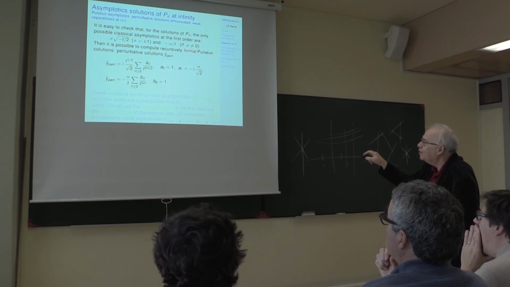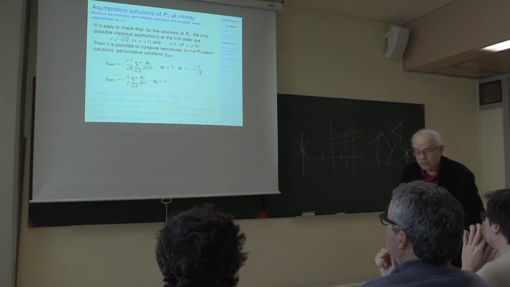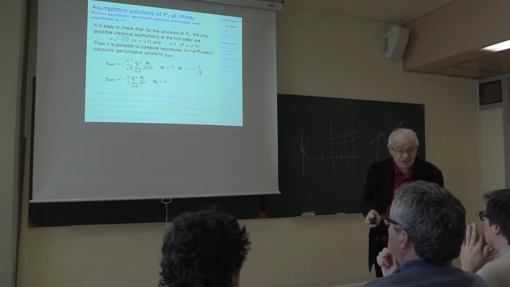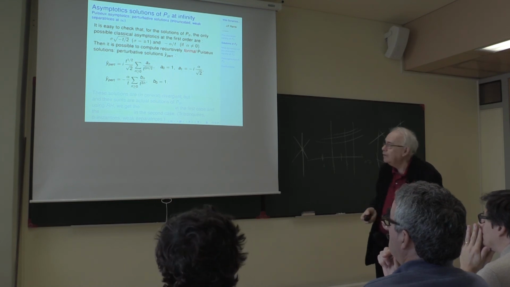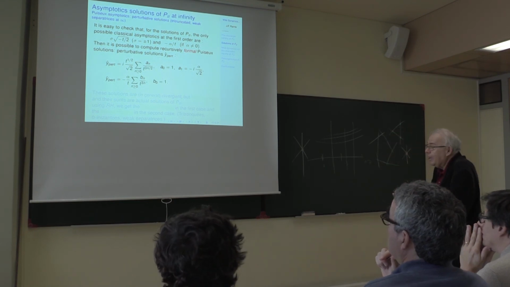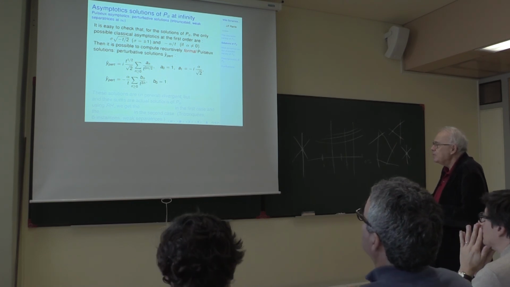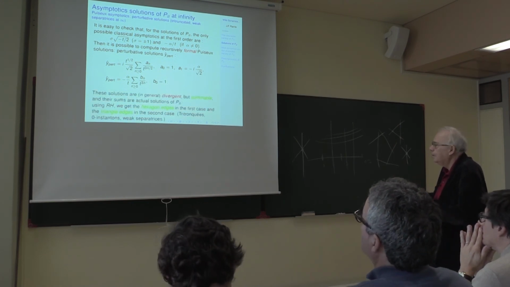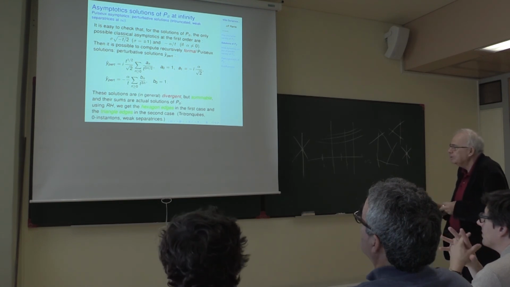You get the Puiseux solution, and these solutions are divergent. They are divergent, but they are summable. So you can recover the actual solution by summation. And of course, the sums are solutions of P2.